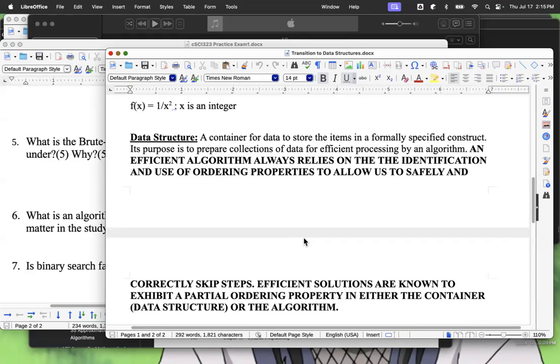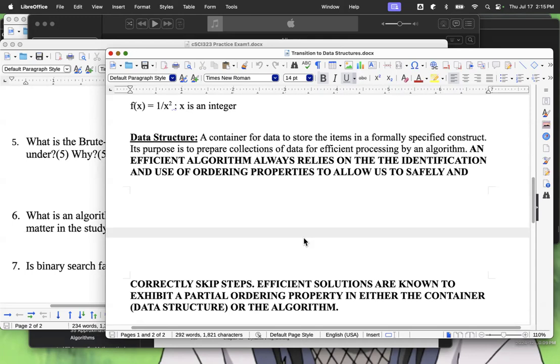Efficient solutions are known to exhibit a partial ordering property in either the container, the data structure, or the algorithm. See both of them in there? So let's suppose we're talking about partial orderings with binary search, right? We did the whole thing with a sorted array. We're jumping in the middle. We know that it's already sorted.